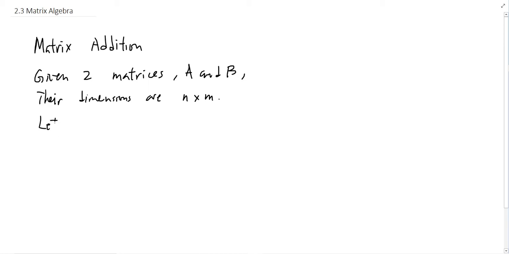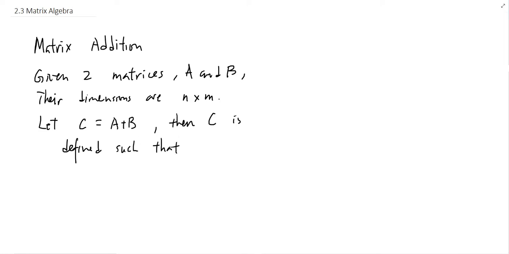And let's say we define matrix C to be equal to the sum of A and B. Then C is defined in such a way that every entry in C, every C sub ij, is equal to A sub ij plus B sub ij.